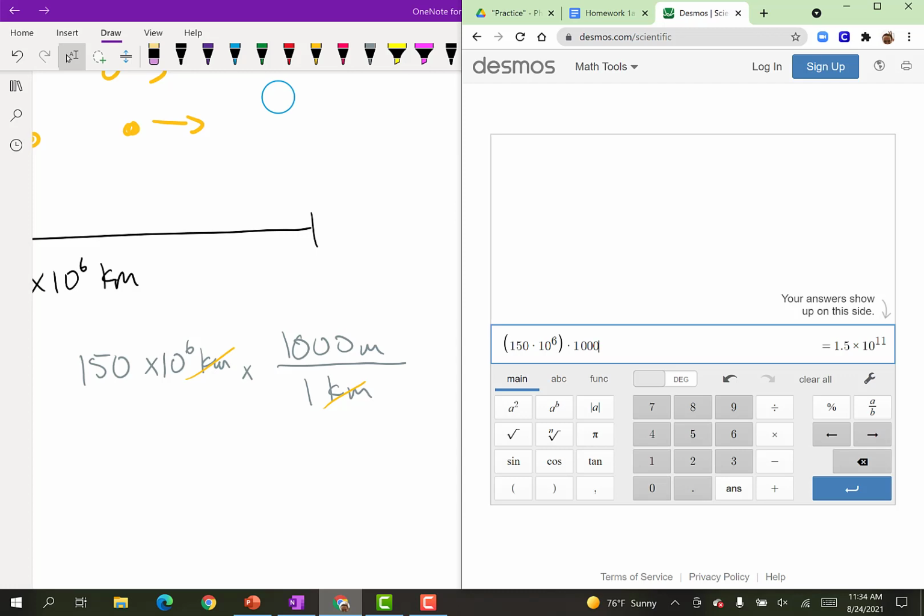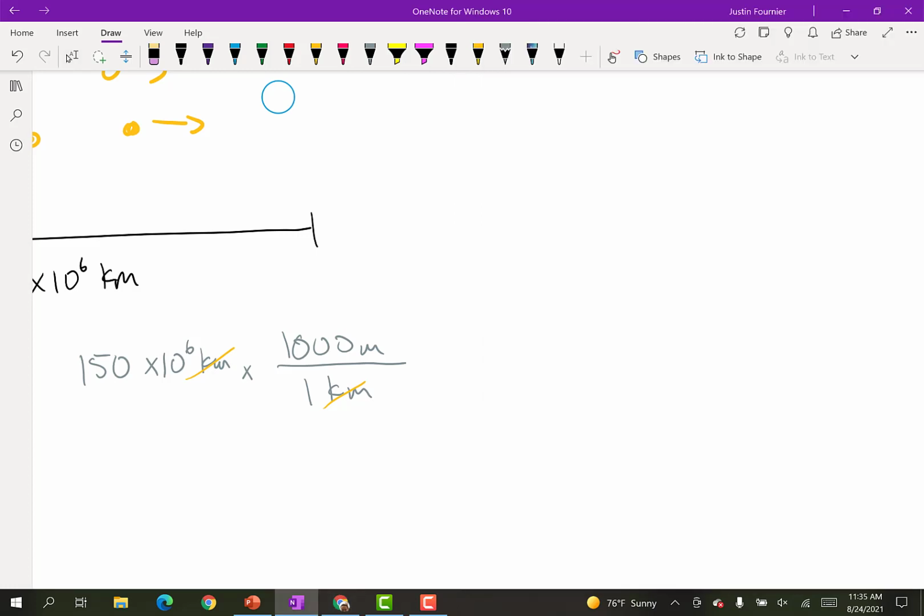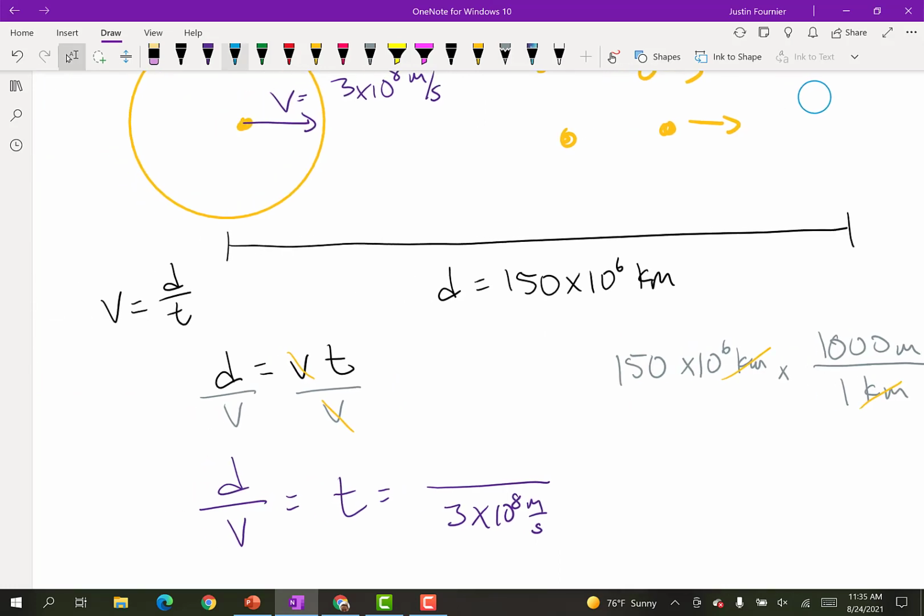The 1 doesn't really do anything, so I get 1.5 times 10 to the 11 meters. And then I can work this out: 1.5 times 10 to the 11 divided by 3 times 10 to the 8. And by the way, that's meters.